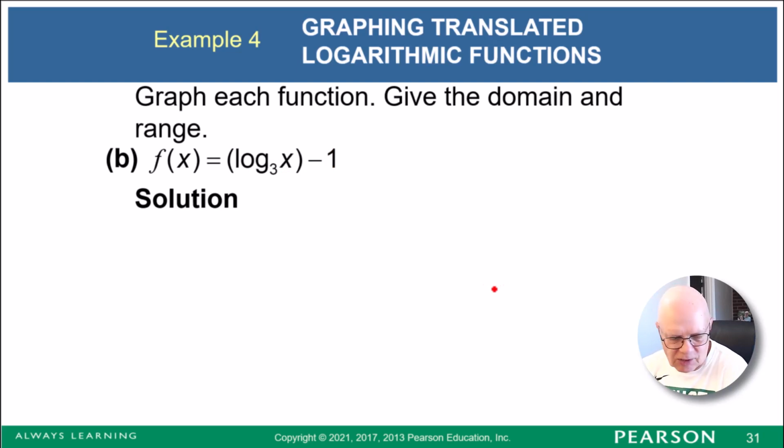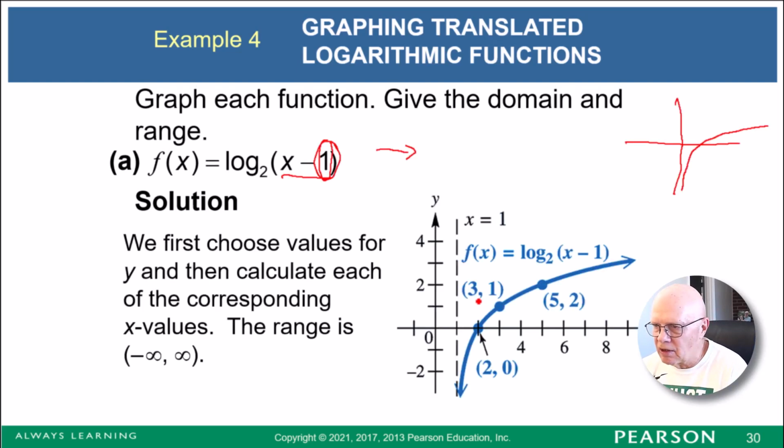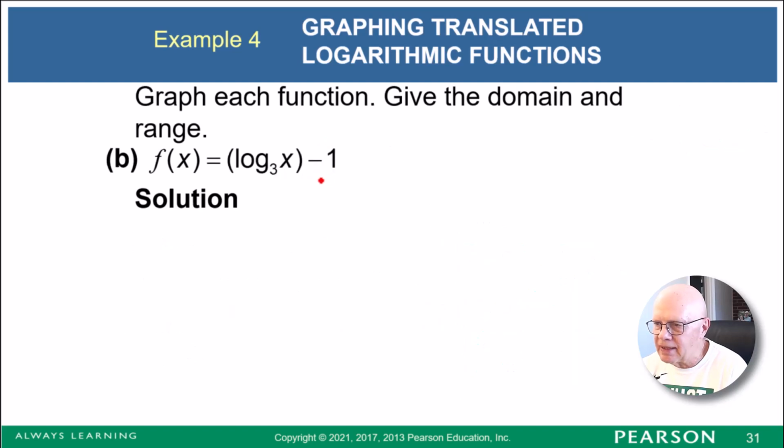Now what does this do to it? Remember, in this one we had x minus 1 in the argument. In this one, it's outside the logarithm, changing each logarithm to 1 less. So what that does, it moves it down 1.